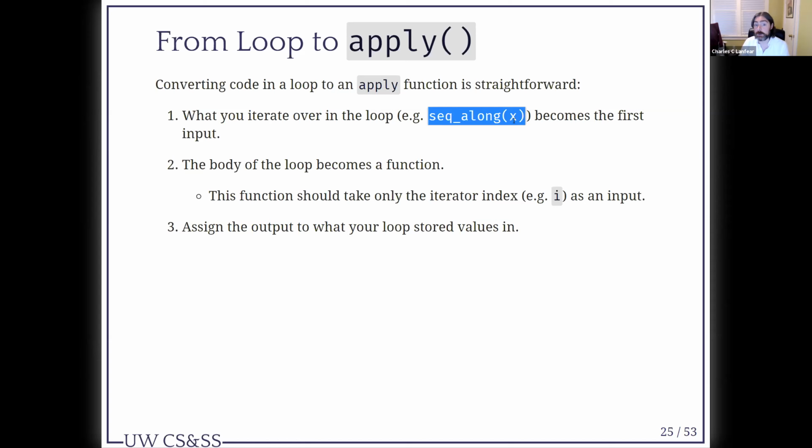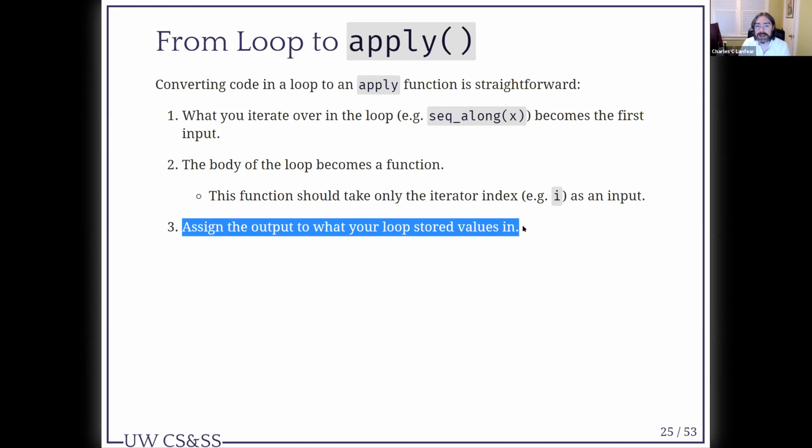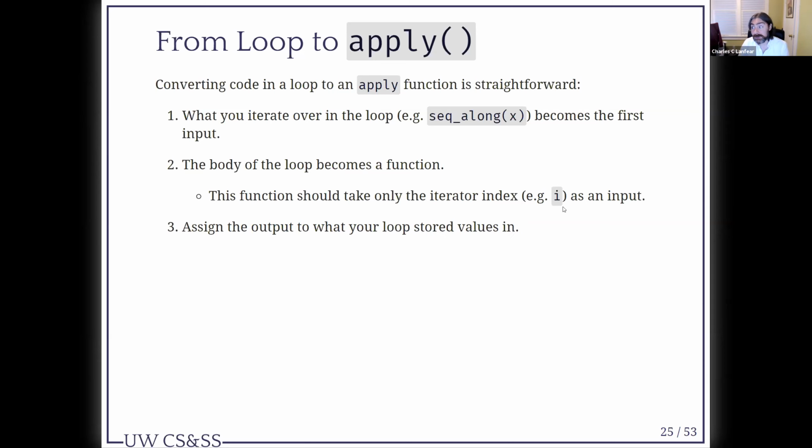This is what you're going to iterate over. The body of the loop, everything that was inside that loop, just put it inside of a function instead. This function should only take the iterator index as an input. Whatever was i before, it should now just be function of i, and otherwise the loop will be basically the same. And then assign the output to whatever you were going to store your loop values in, and it will generally just work.